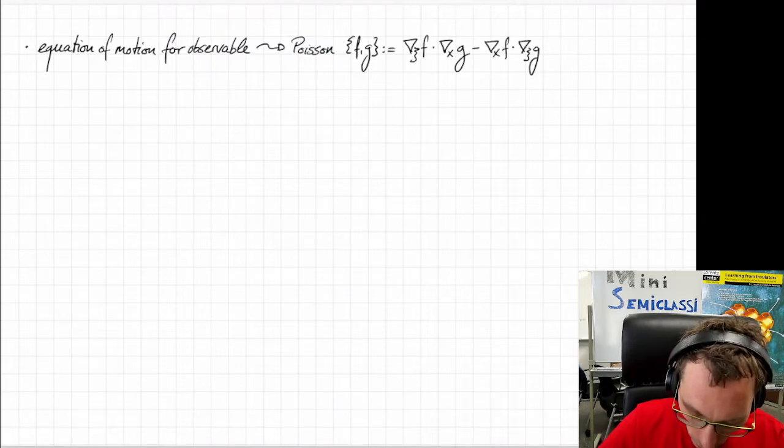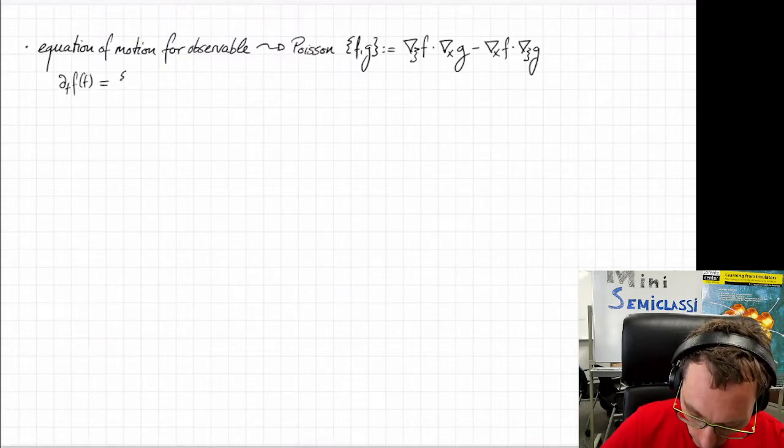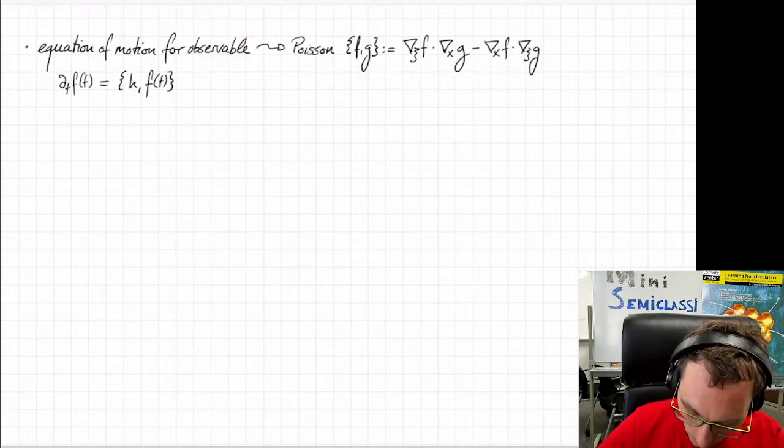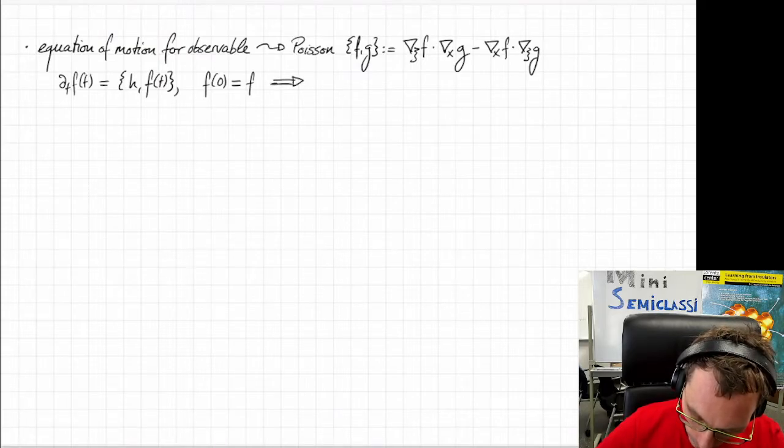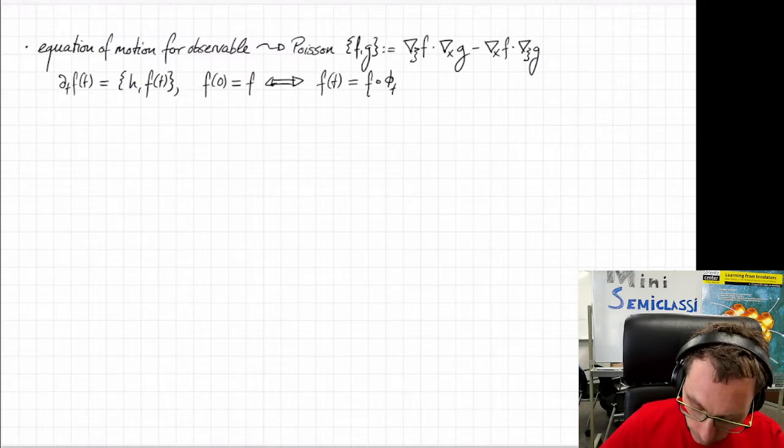And the equation here is d_t f of t is equal to the Poisson bracket of the Hamiltonian with f of t. And if we specify the initial condition at time 0, that f of 0 is equal to f, then this is equivalent to setting f of t equal to f composed with the classical flow.